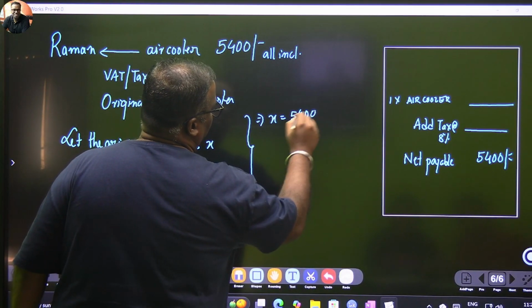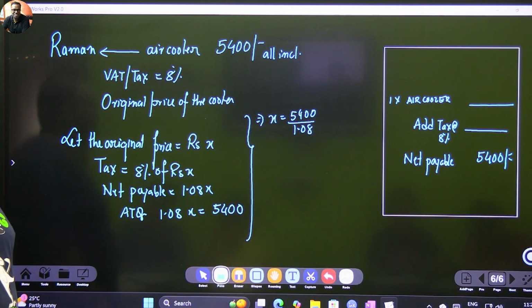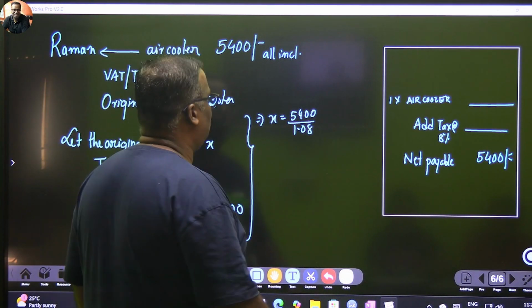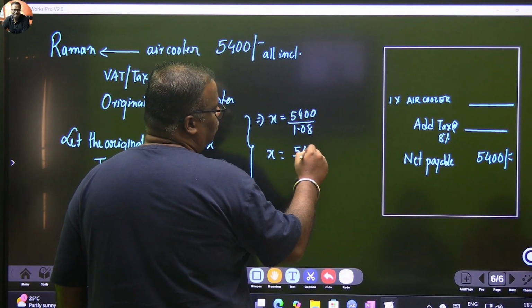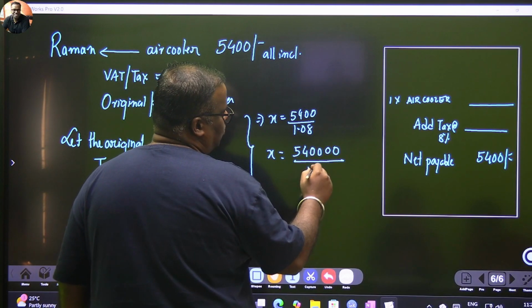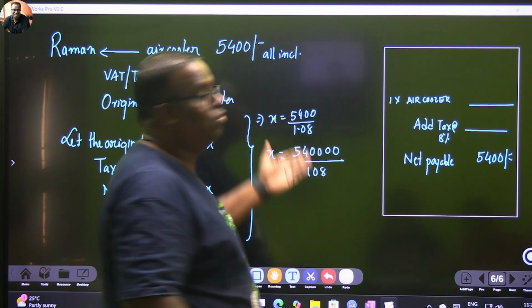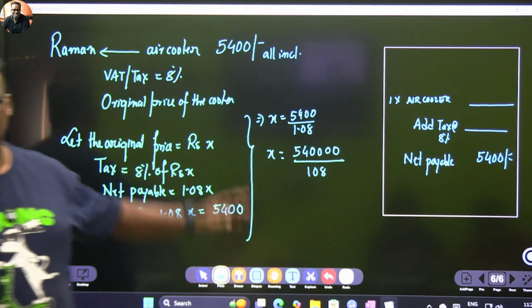5,400 divided by 1.08. Now you might be finding that, sir, this calculation is becoming difficult for us. Nothing difficult. You just increase 5,400 by 2 more zeros, and you make it 108. Means you have multiplied numerator and denominator by 100, the decimal is gone.